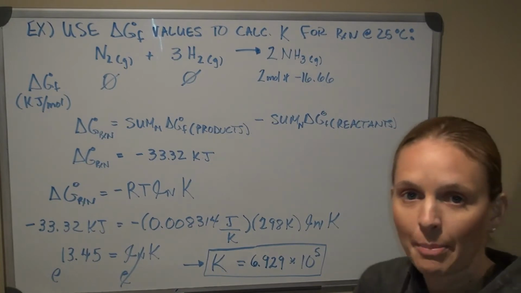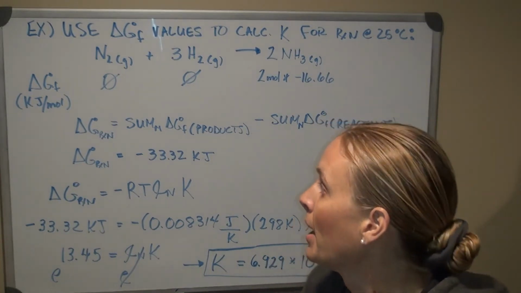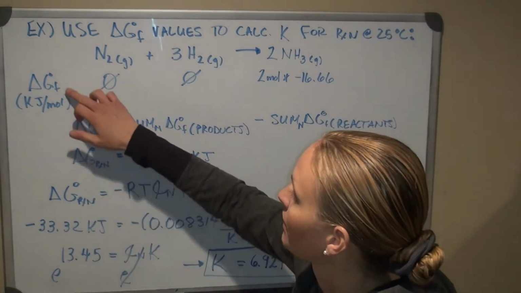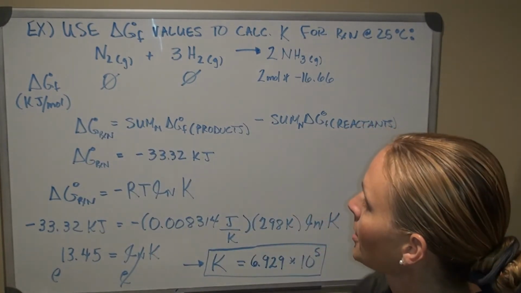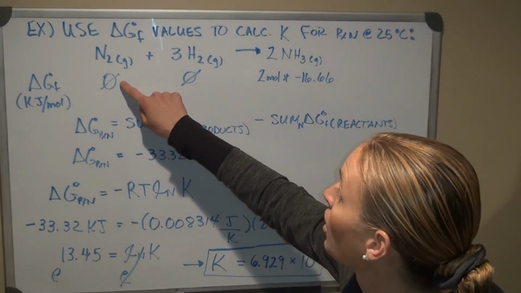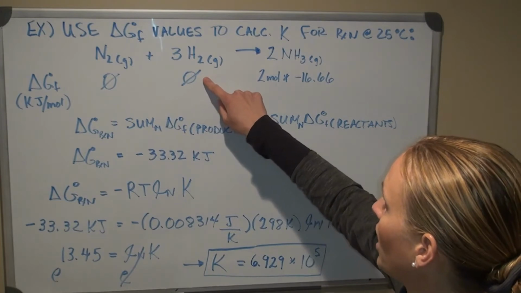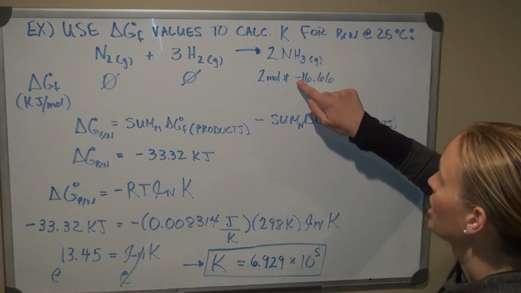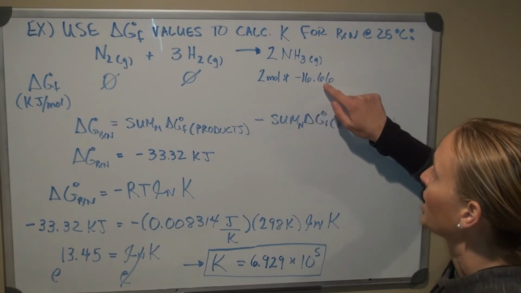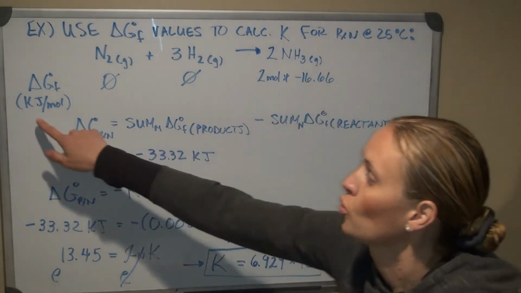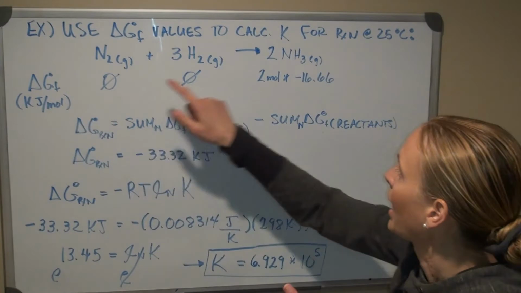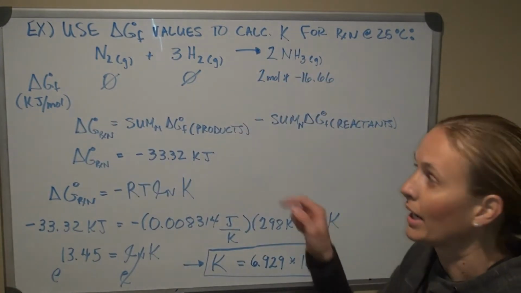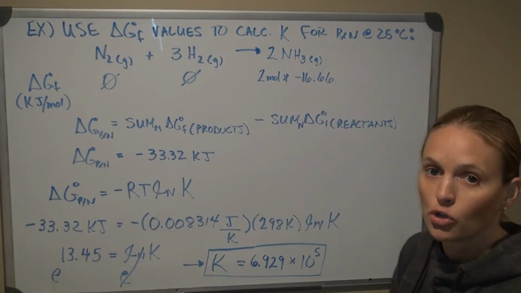And so I'm going to take my appendix table and look up the values of the delta G of formation. This one is 0, this one is 0 for hydrogen as well, and for ammonia it is minus 16.66 kilojoules per 1 mole. Okay, but I have 2 moles of them, so I'm going to multiply that number by 2.